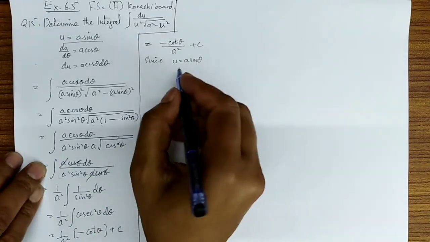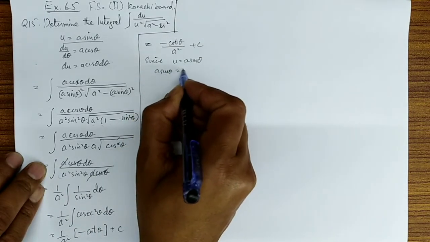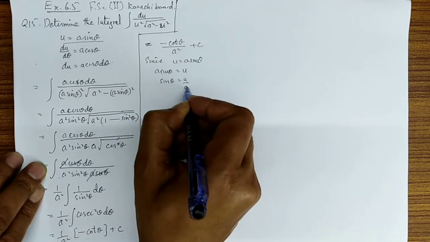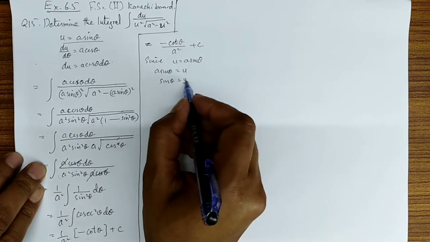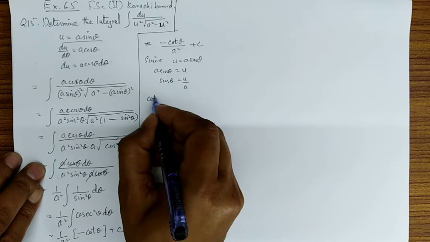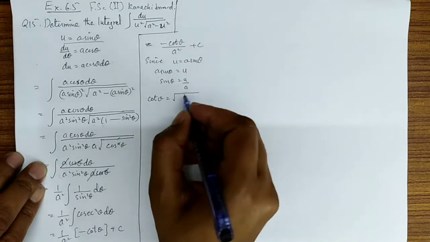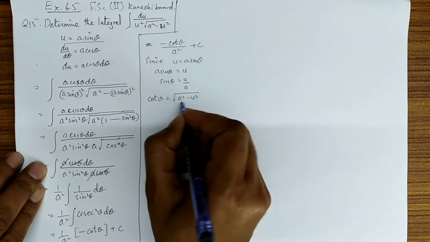We can write sine theta is equal to u upon a. So if sine theta is equal to u upon a, then cot theta equals root of a square minus u square upon u.